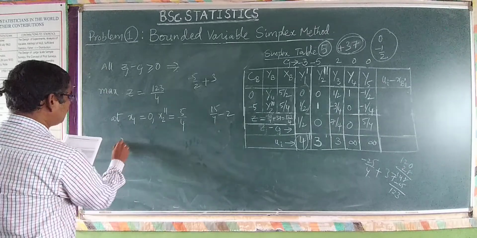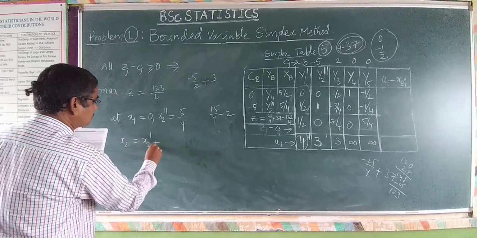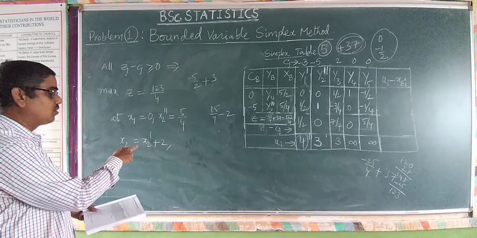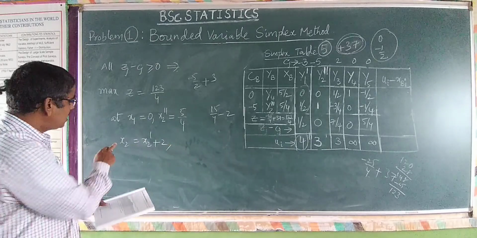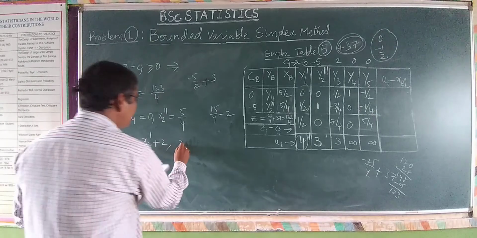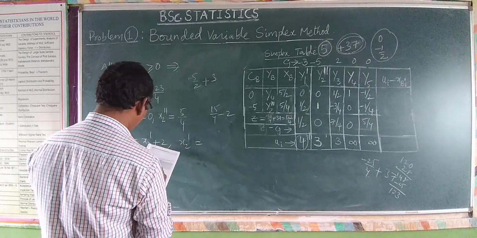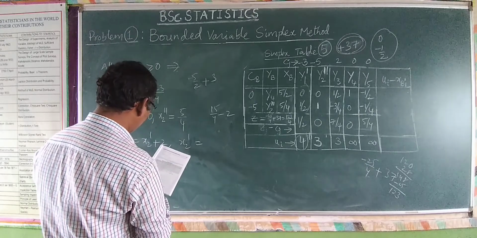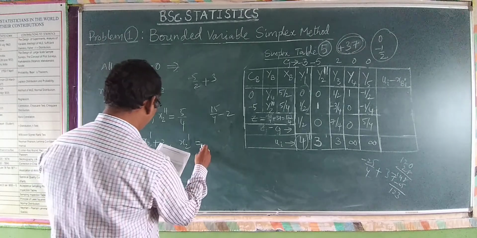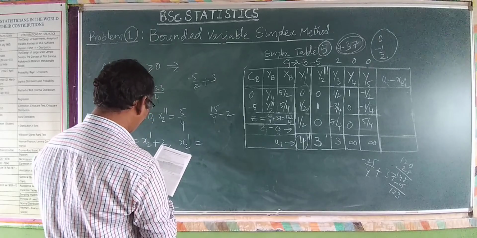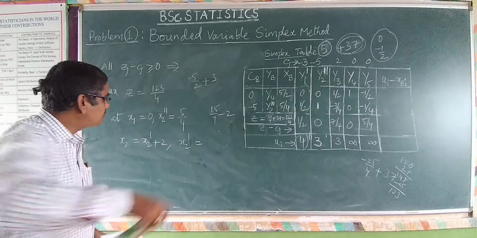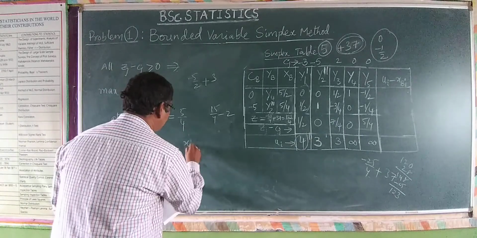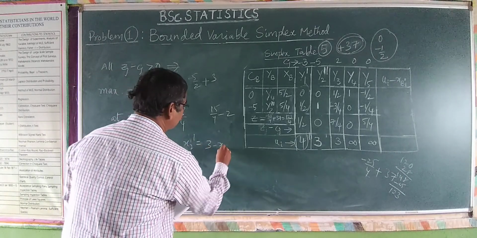Therefore x2 is equal to x2 dash plus 2. You go back and observe what the values of x2 are in terms of x2 dash and x2 double dash. x2 is equal to x2 dash plus 2, and x2 dash is equal to 3 minus x2 double dash.